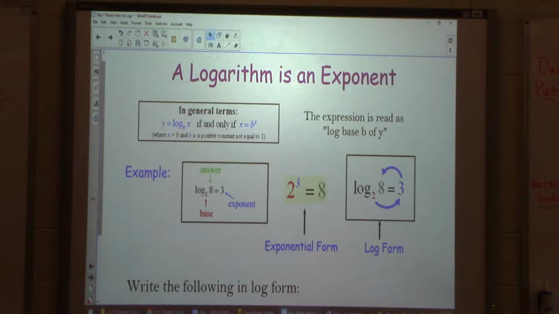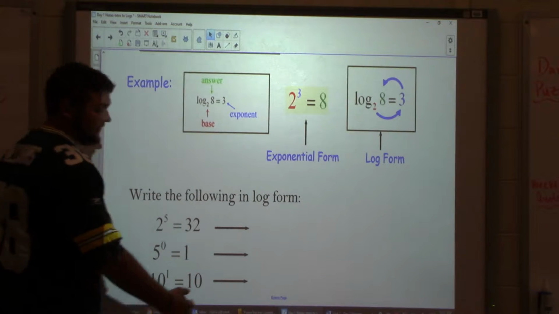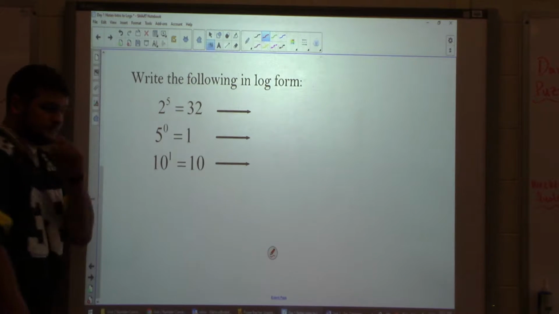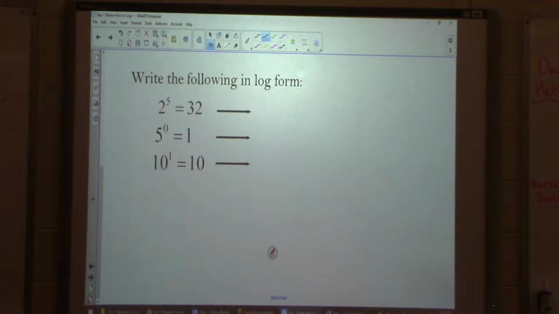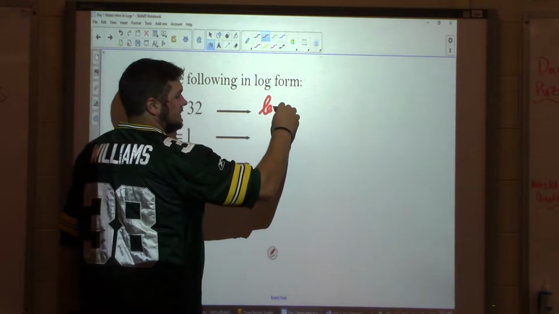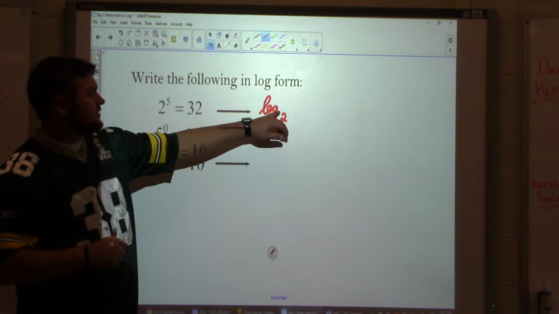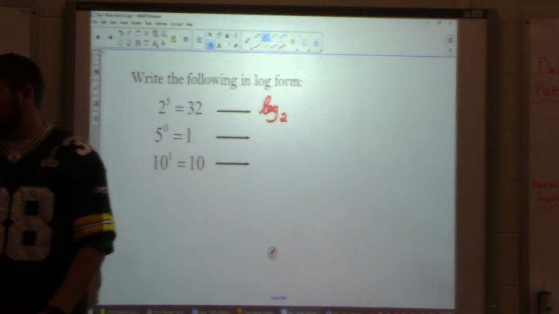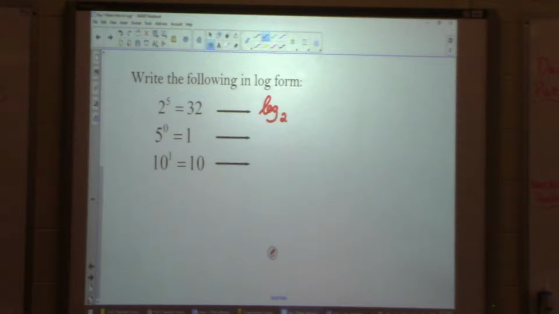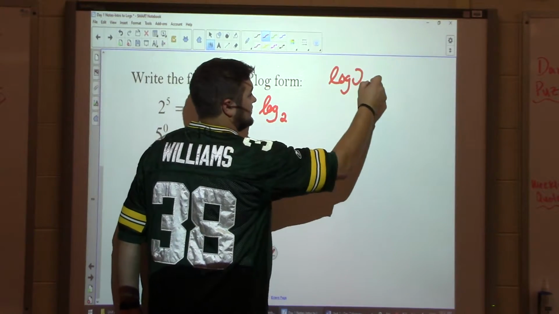Right? So let's practice some of it. First one we're going to do, exponential to log form. 2 to the 5th equals 32. So the base of my exponent becomes the base of my log. So I'm going to write log base 2. You guys notice? 2 as a base is lower than the word log. Alright, do not write log 2.